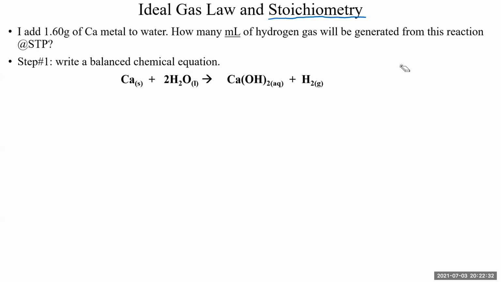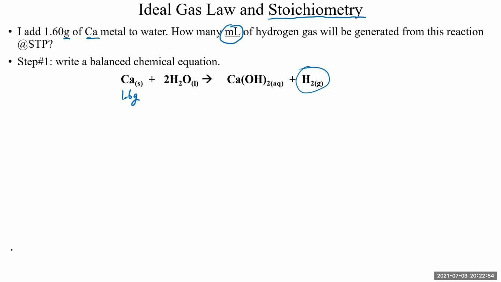Now you might say, well, you're starting off with grams. Yeah, but it's grams of a solid. We're going to see how much hydrogen gas we produce, how many milliliters of hydrogen gas, which is much more appropriate for discussing a gas than grams of a gas. So I added 1.6 grams of solid calcium metal to water.